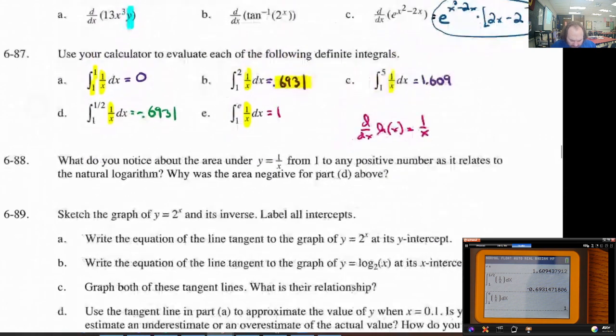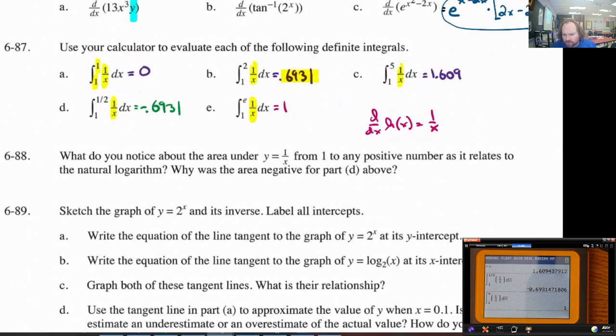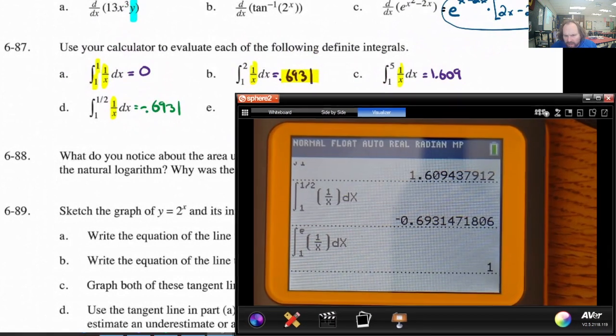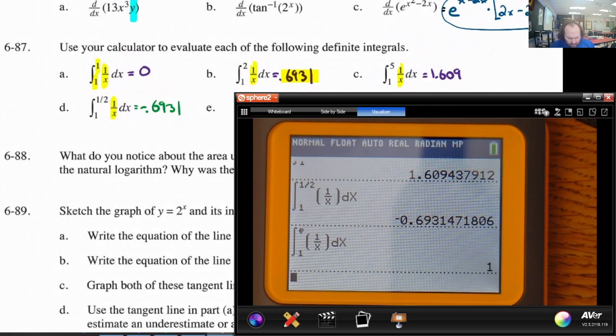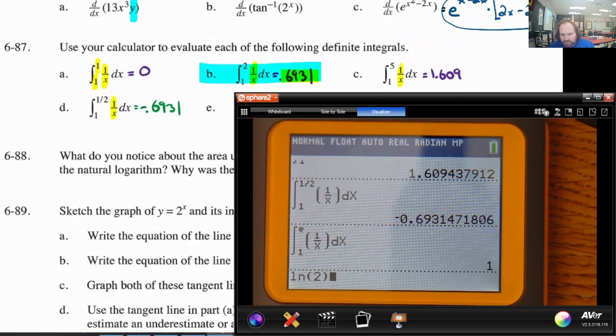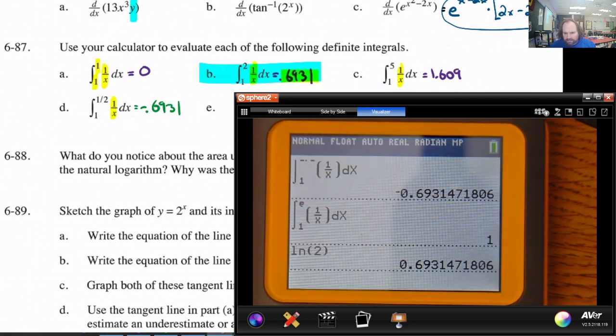So let's just try a couple things on the calculator. I'm willing to bet that for question B, which is this one right here, the natural log of 2 is that number right there, which it is. So this problem is the natural log of 2. This problem, I bet that's the natural log of 5.